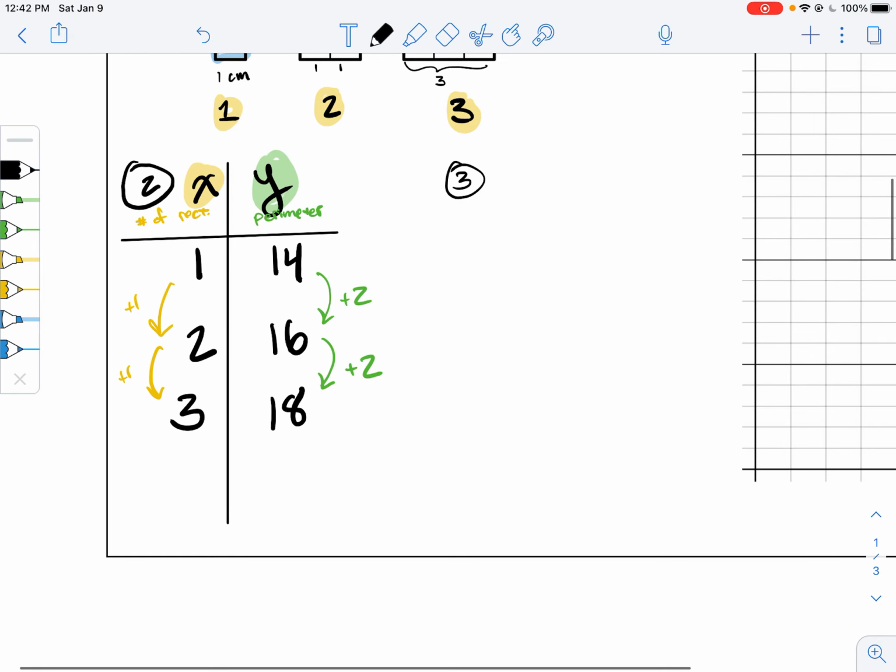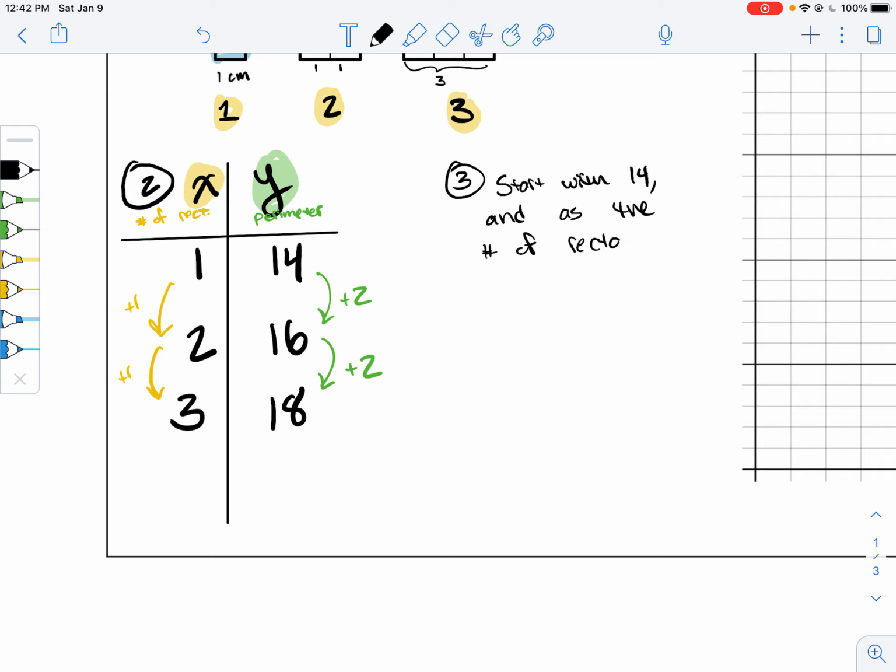So you could say, start with 14, and as the number of rectangles, that's not technically a word, but we're going to count it, as the number of rectangles increases by 1, the perimeter increases by 2.